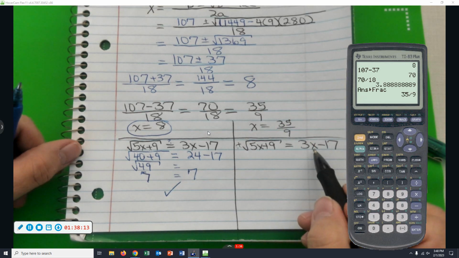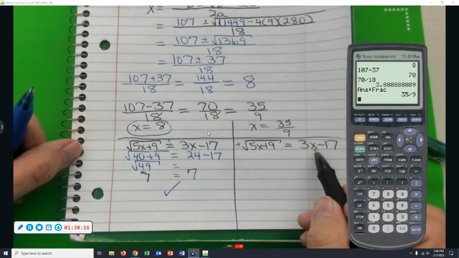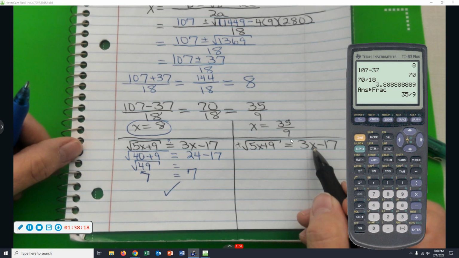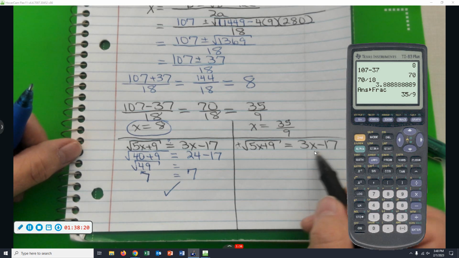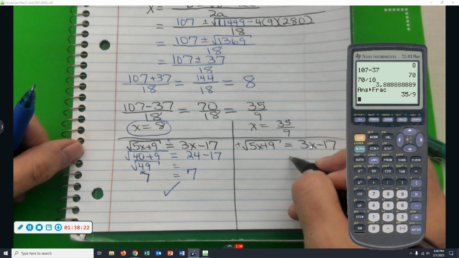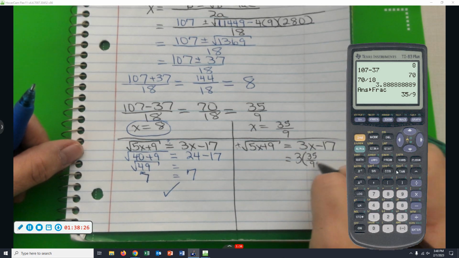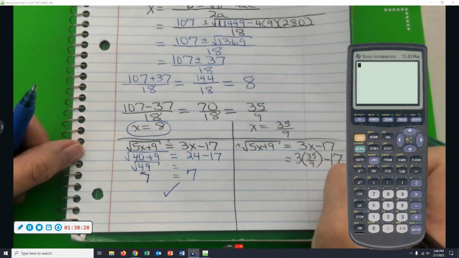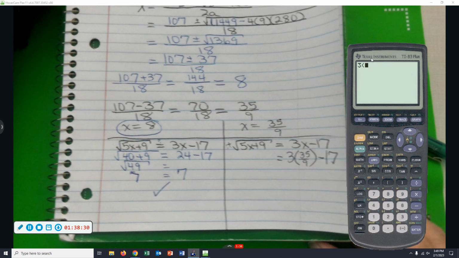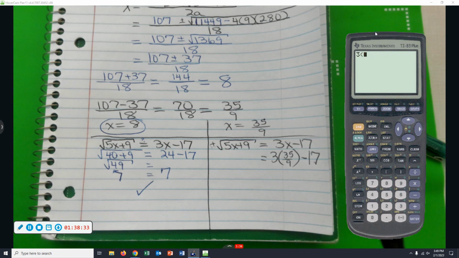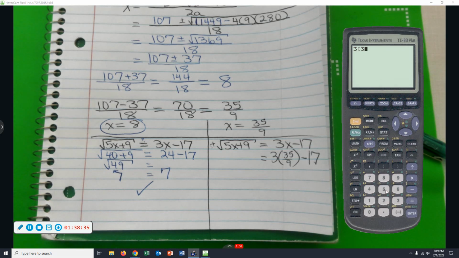Let's just plug in the 35 ninths and see if it turns out to be negative. 3 times 35 ninths, minus 17.